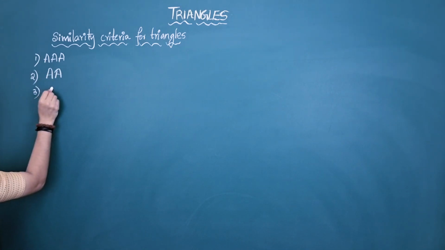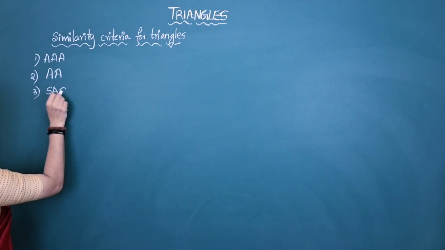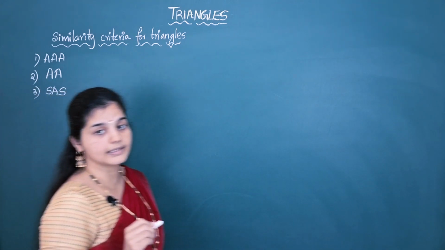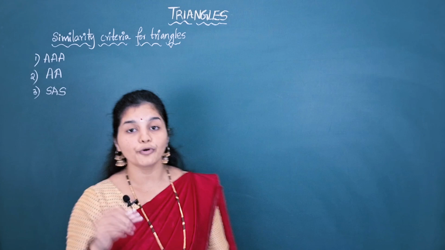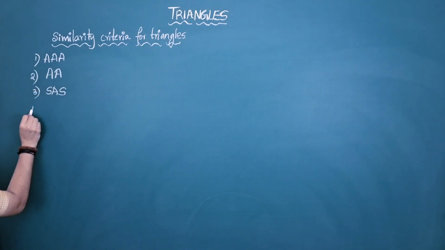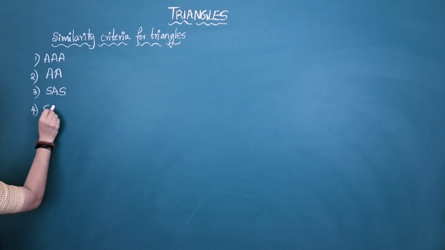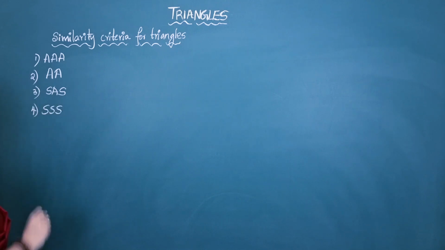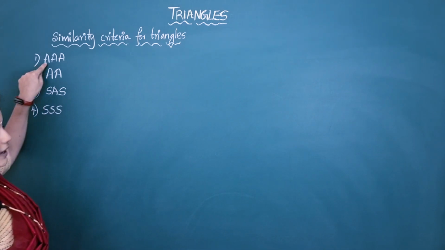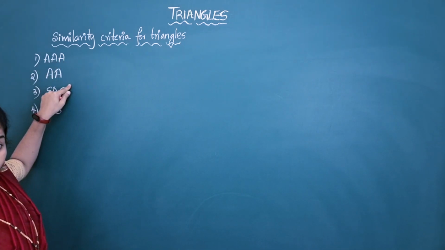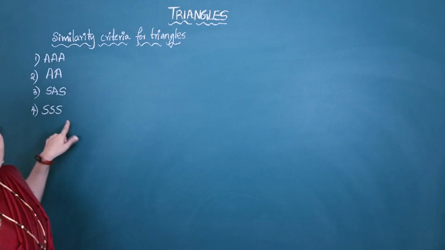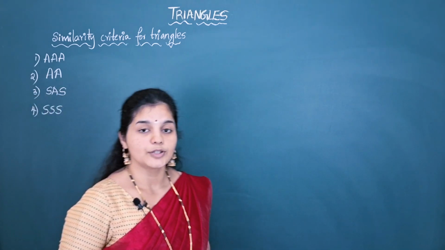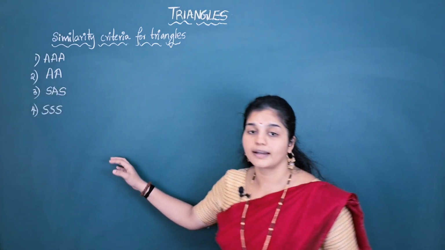Third one, side similarity criteria. And fourth one, side criteria. So first one is AAA, second is AA, SAS, SSS criteria. So now let us see what these criteria are.